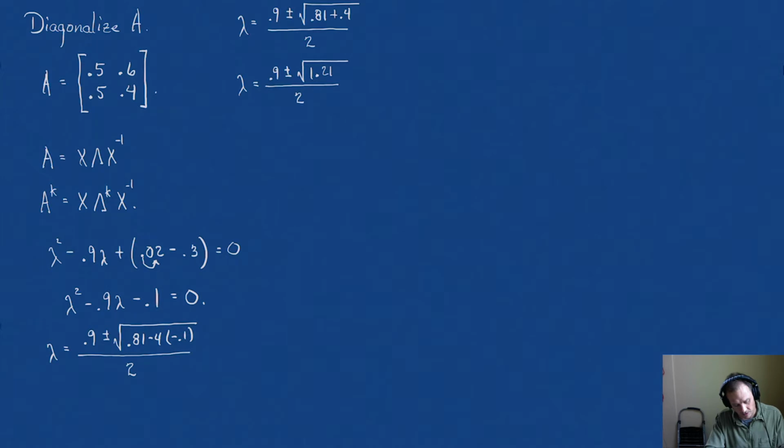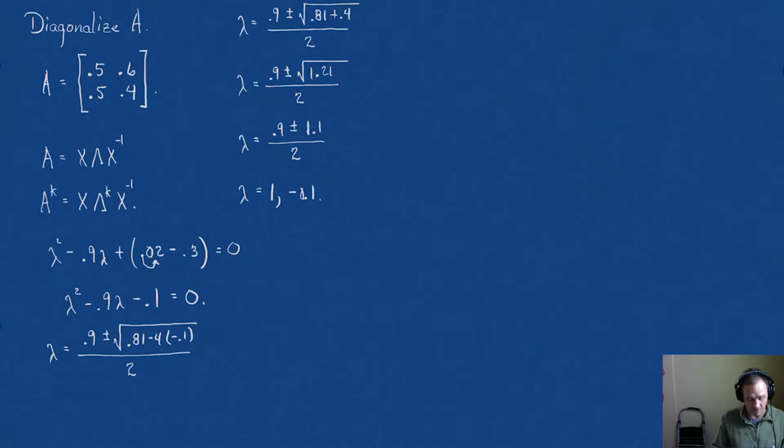The square root of 1.21 is 1.1, over 2. So lambda is 0.9 plus 1.1, that's 2, divided by 2 is 1. And then 0.9 minus 1.1 is minus 0.2, divided by 2 is minus 0.1. Those are my lambdas.